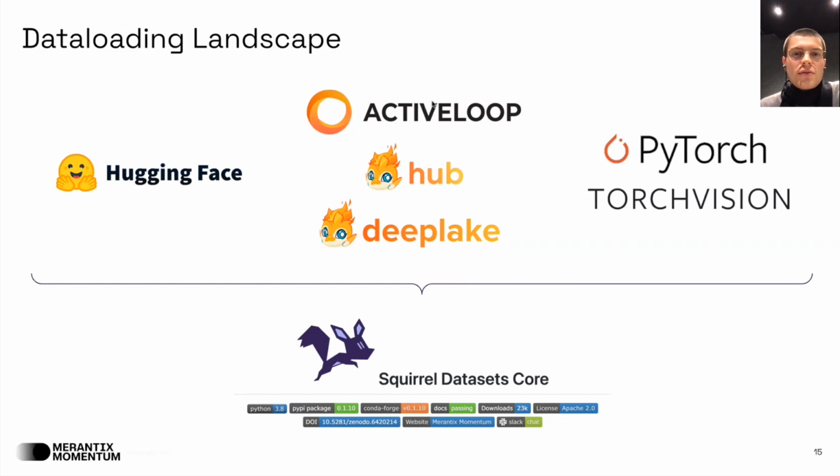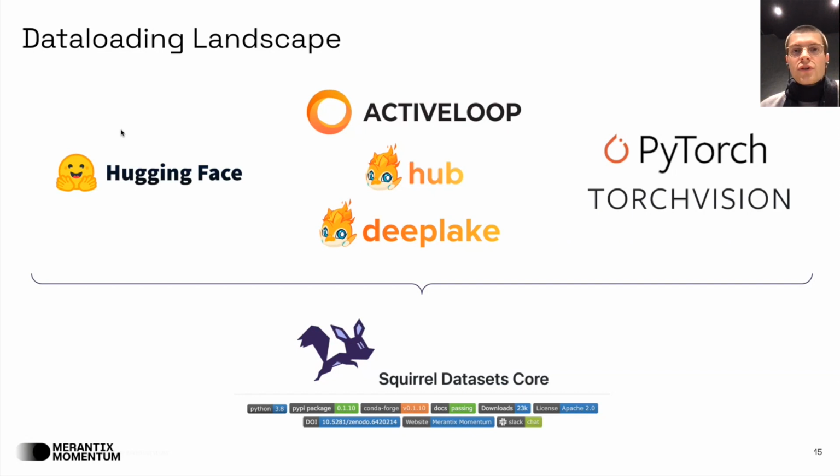You might have heard about these platforms. They are really hosting datasets online, especially Hugging Face and Activeloop. They have a great community-based approach where people who publish papers and want to share their datasets have the possibility to store this data online and make it accessible for anyone.